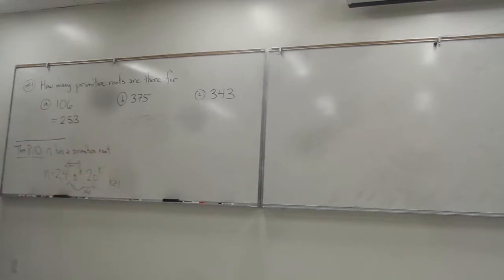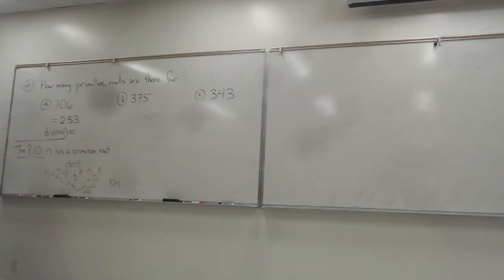So does 106 have the right form to have a primitive root? Yeah, it's of the form 2 times a prime. So then we need to calculate phi of 106.